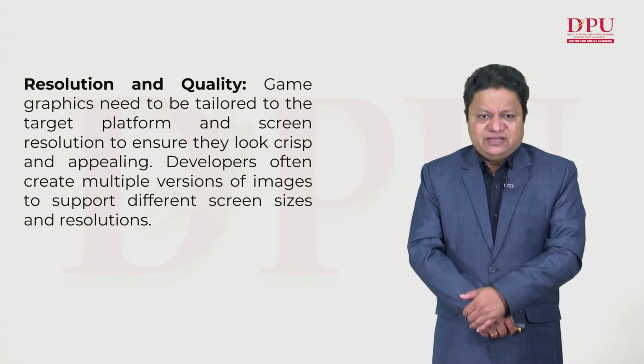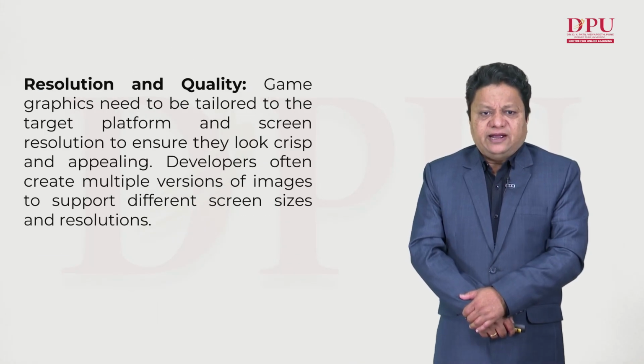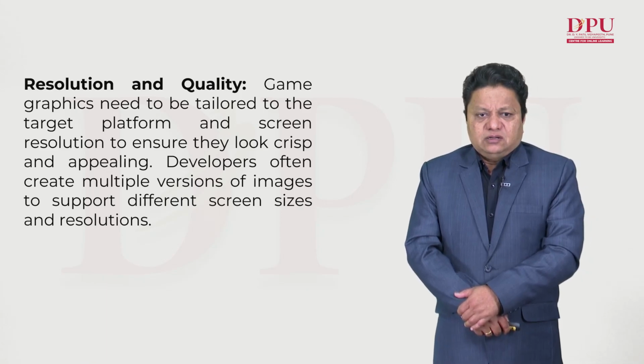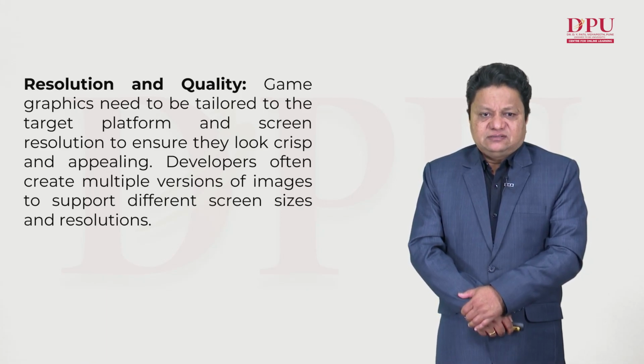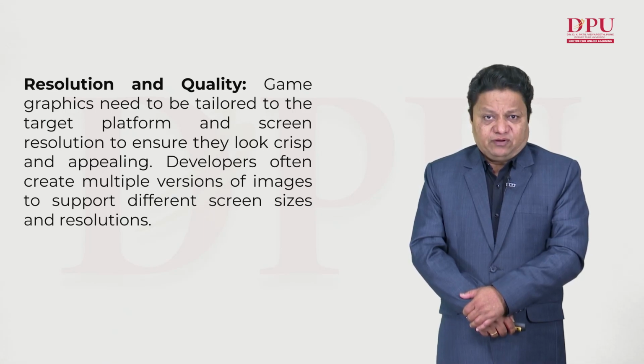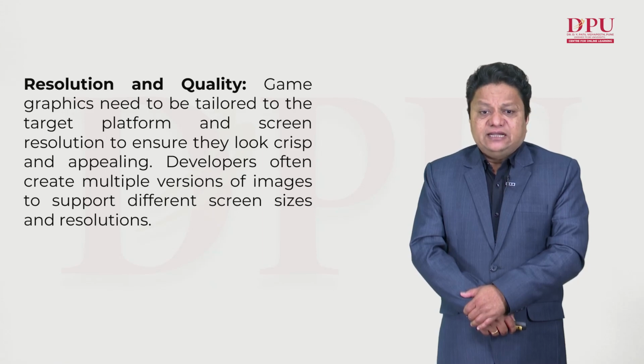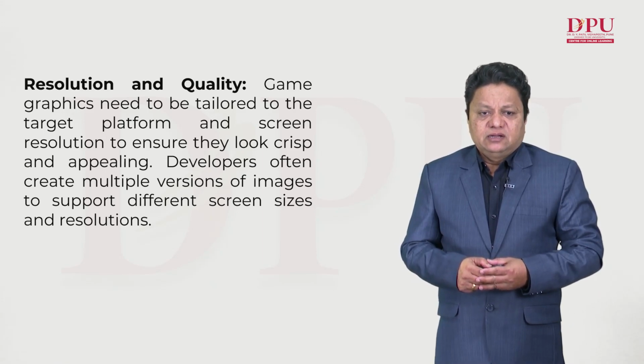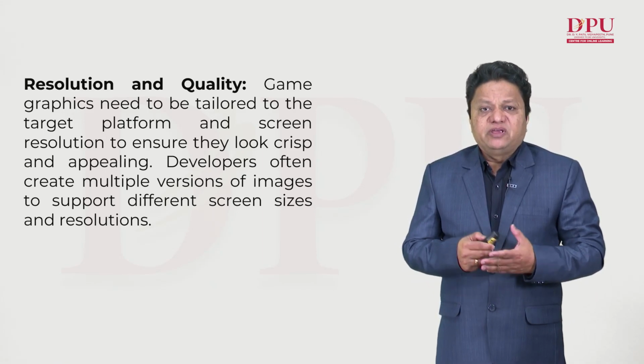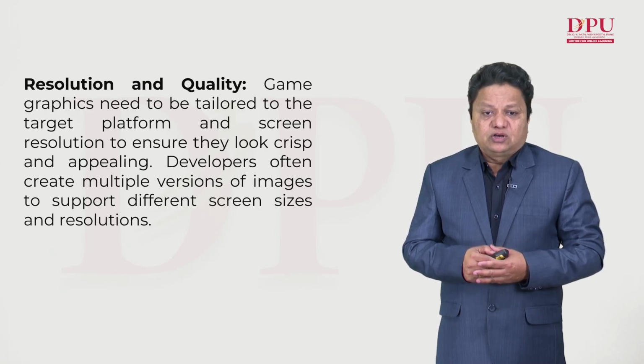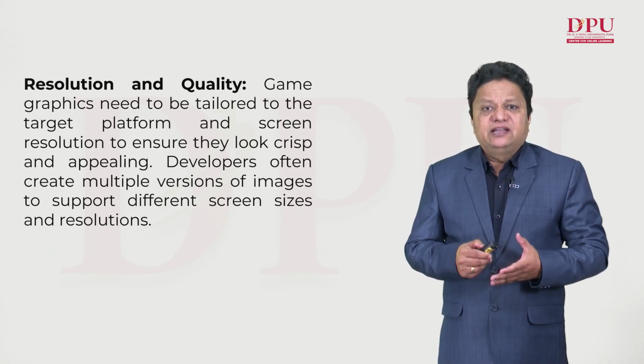The third element is resolution and quality. Game graphics need to be tailored to the targeted platform and screen resolution to ensure they look crisp and appealing. Developers often create multiple versions of images to support different screen sizes and resolutions.